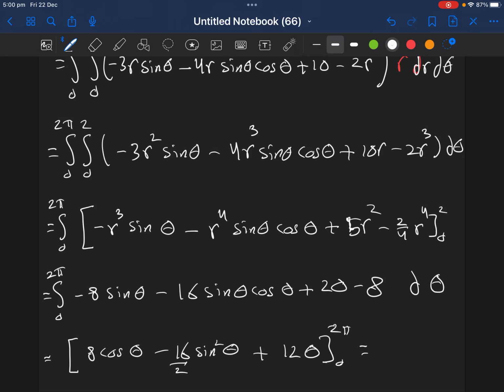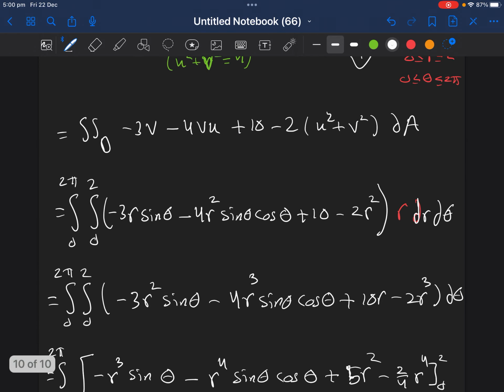And if we do the calculation, now substitute, this will be just 12 times 2 pi up here. I'm sure, I think I made some mistake somewhere here.